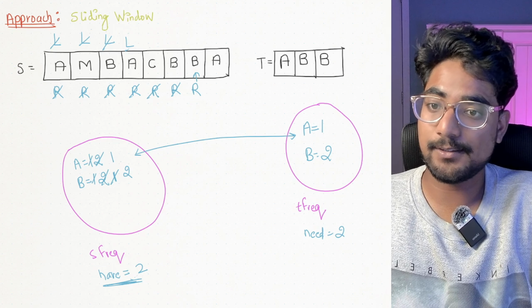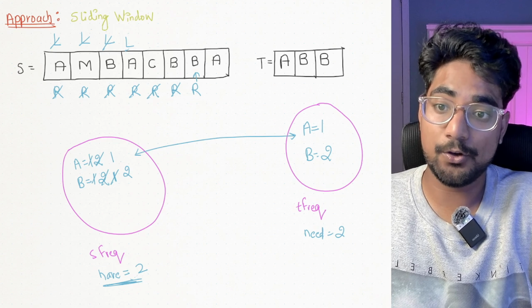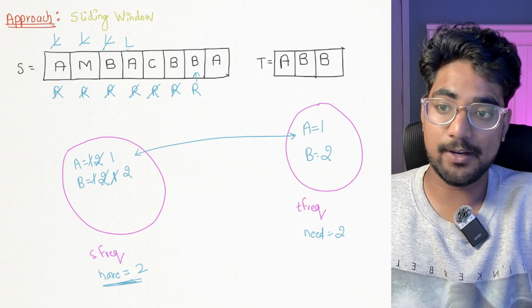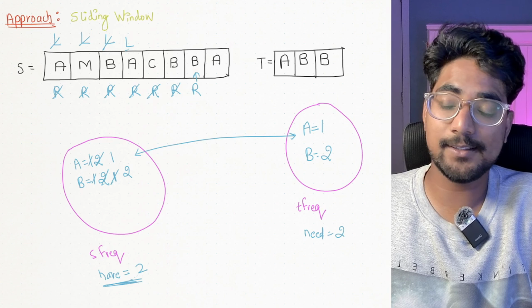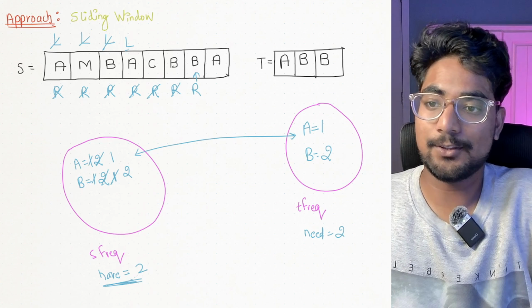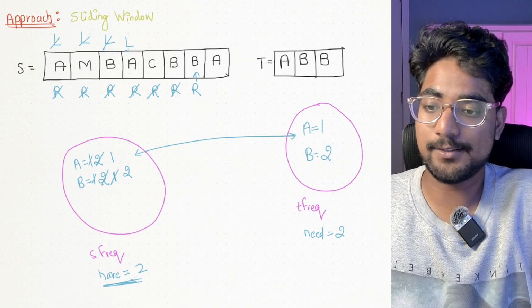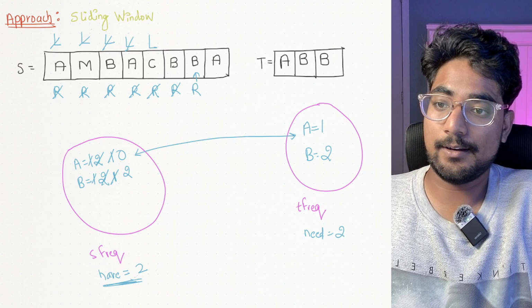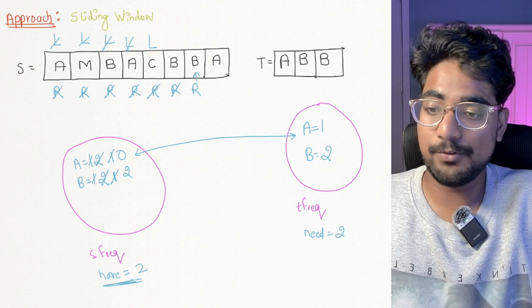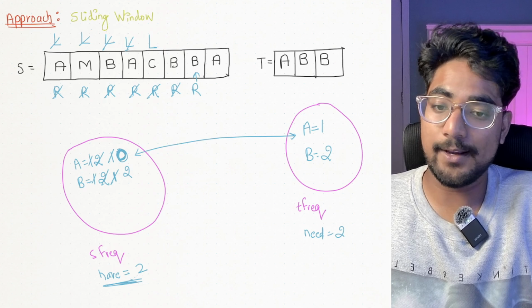And since this is a valid answer, you got 2 B's between left and R, and you got 1 A between left and R. तो हम लोग left को एक बार increase करके देखते हैं क्या हम इस विंडो को और छोटा कर सकते हैं. So your L is pointing to A. Let's decrease the value of A to 0 and change the left pointer from A to C. The moment you decrease the value of A to 0, it is no more a valid answer, right?